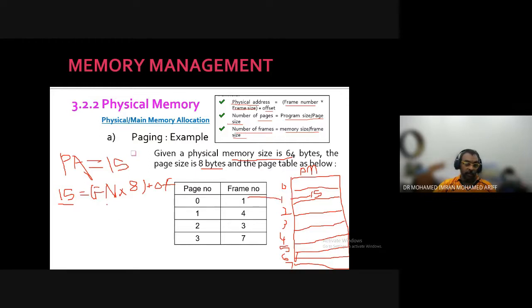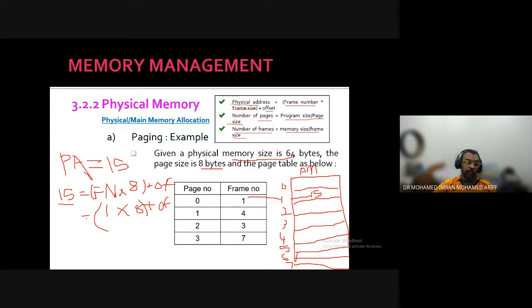So we have frame number 1 here, multiplied by 8 and plus offset. Frame number 1 is page number 0. This is our formula. We have got the frame number 1, multiplying by our frame size, which is also the page size, and we don't know the offset, so plus offset.